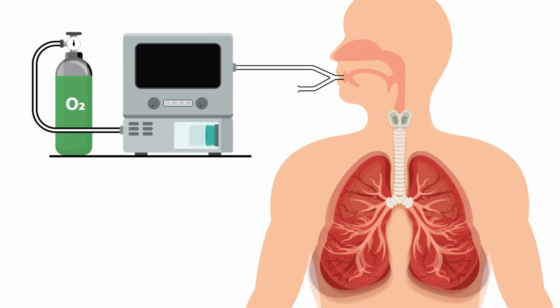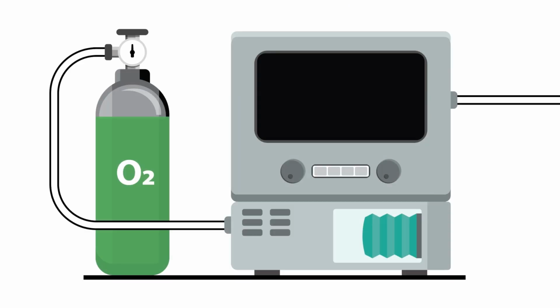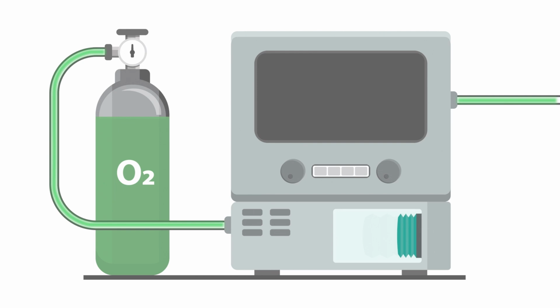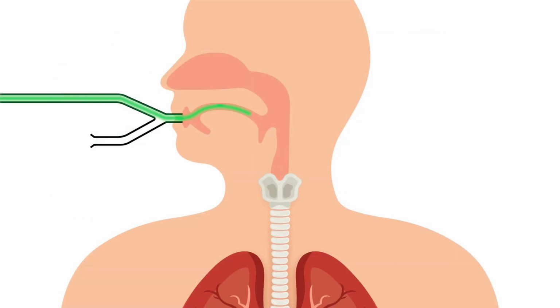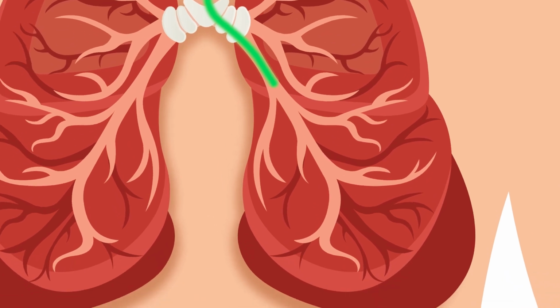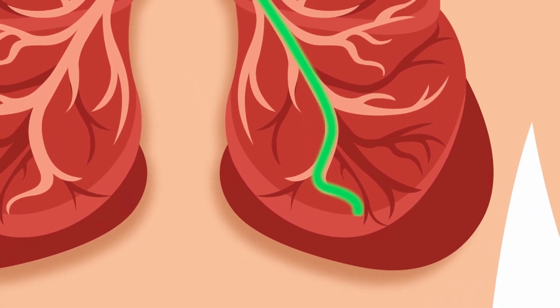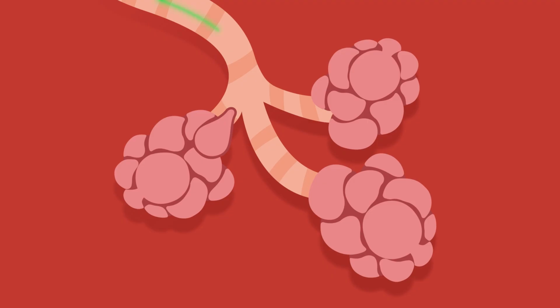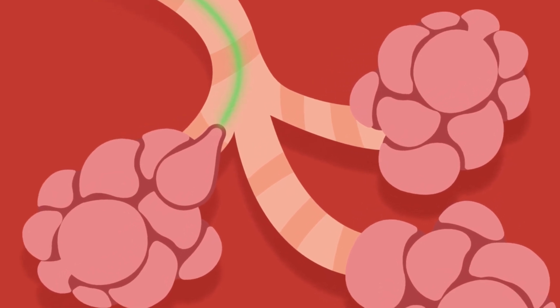During assisted breathing, positive pressure from an open circuit ventilator moves oxygen from an external source, for example, a compressed O2 cylinder, into the lungs. As before, the oxygen travels to the alveoli.